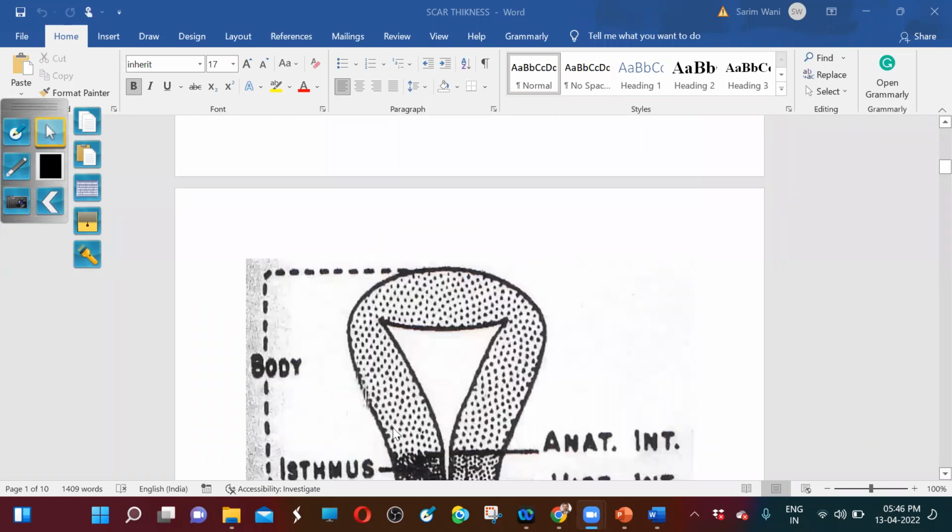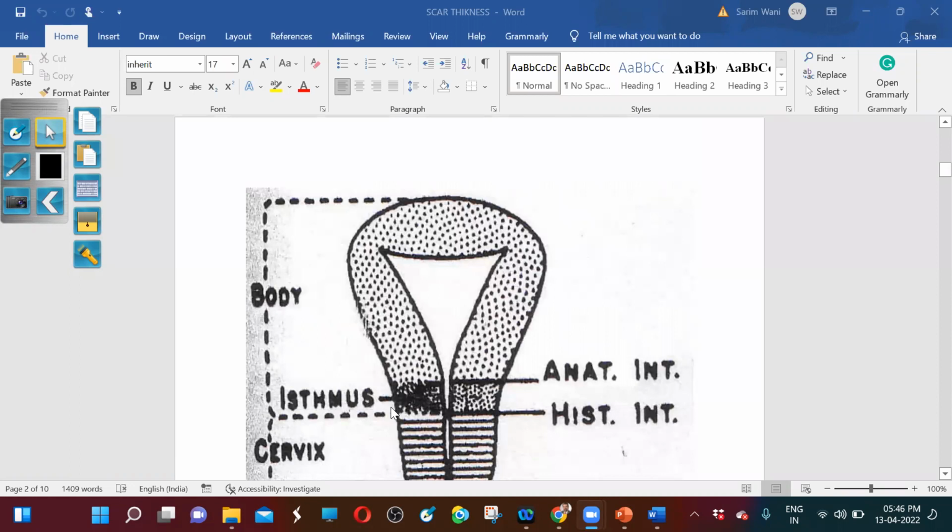Now this is the isthmus over here. So this isthmus stretches to be what? Lower uterine segment. And it is at this lower uterine segment where I will be expecting this scar. So this is where to see.